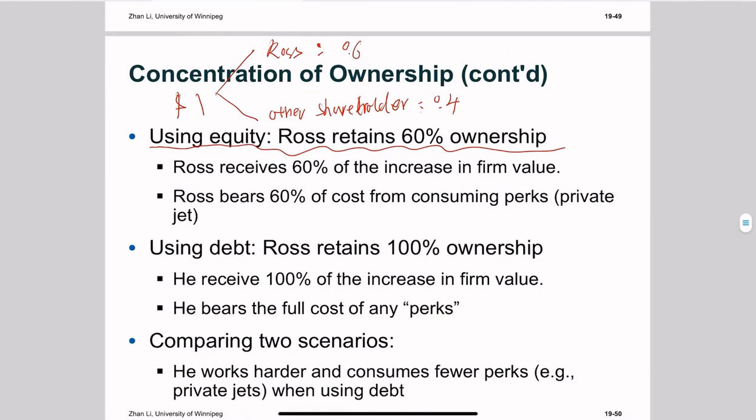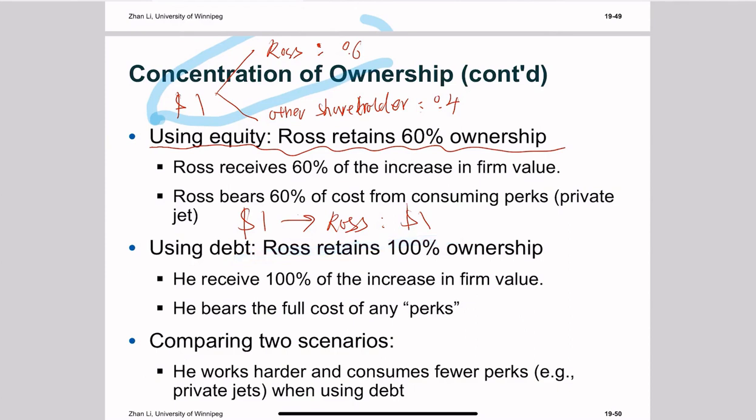In this case, if the firm's value increases by $1, Ross will get $1. So if you compare these two scenarios, you can see that Ross should work harder when the firm is using debt, because he gets 100% of the gain. But if the firm is using equity, he only gets 60%.